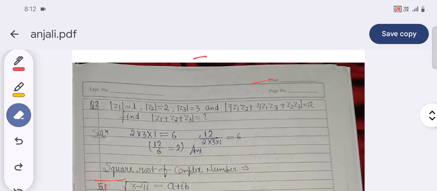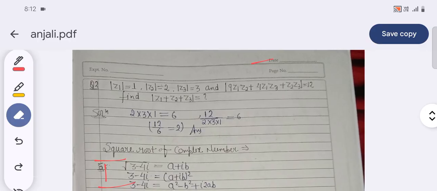The next question is the same question. Mod of Z1, Z2 and Z3 is given, and you have given a relation between Z1, Z2 and Z3, and you will have to find out the value of mod of Z1 plus Z2 plus Z3. In this question, you can use the long method, and in this question I am using the shortcut method.